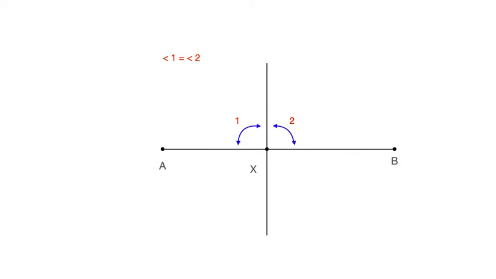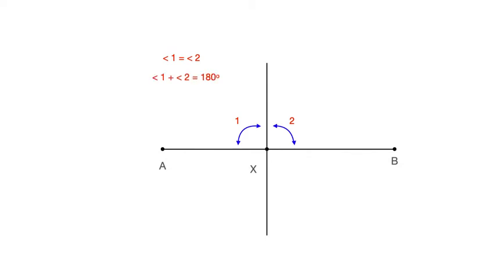Now we can draw another line segment through X in such a way that it bisects angle AXB, and therefore angle 1 and angle 2 must be equal by definition of bisection.